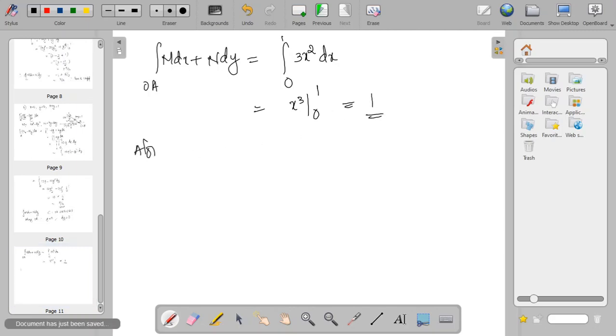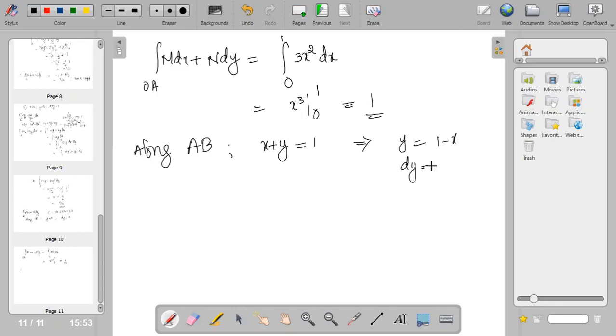And along AB, you have x plus y equal to 1. So let me take y equal to 1 minus x. So dy will be equal to minus dx, and x will vary from 1 to 0. x ന്റെ AB എടുക്കുമ്പം 1 to 0 ആയിരിക്കും വേരി ചെയ്യുന്നത്.